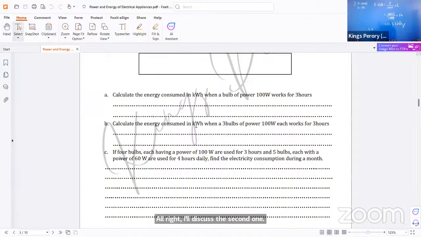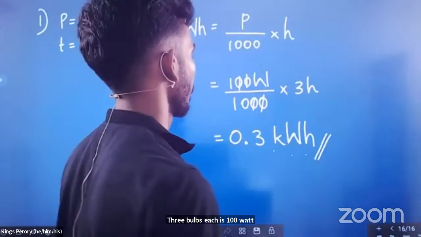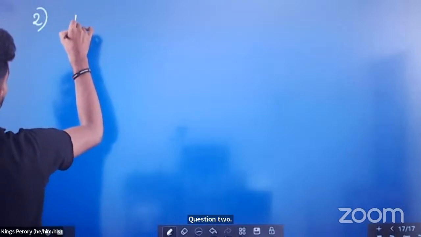Calculate the energy consumed in kilowatt hour when 3 bulbs of power 100 watt each work for 3 hours. Question 2. There are 3 bulbs, each 100 watt.